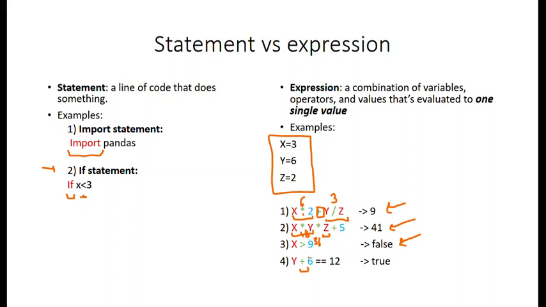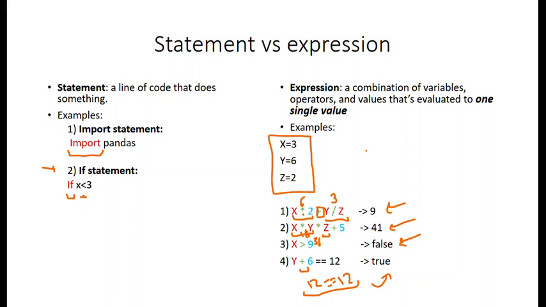Now, is 12 equal to 12? It is. Therefore, the eventual outcome is true. So please make sure to differentiate statements and expressions, and to understand that an expression will eventually be evaluated to one single value in most cases.